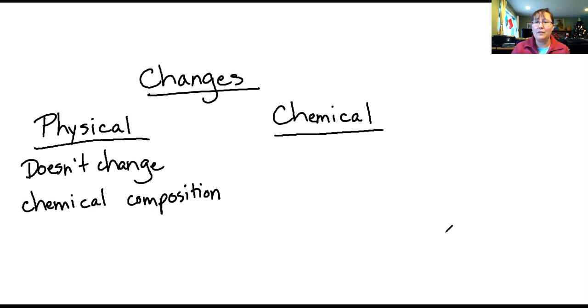Some other examples of that for a physical change might be while you're stirring your ingredients together to bake cookies. Let's say that you put your flour and your sugar and your spices and some oatmeal, some oats into a bowl and you stir them together. Stirring them together is a physical change, making mixtures. Now you add in your leavening agents and your liquids, you mix them together and you put them in the oven and you bake them. Baking those cookies is a chemical change. So a chemical change does change our chemical composition.